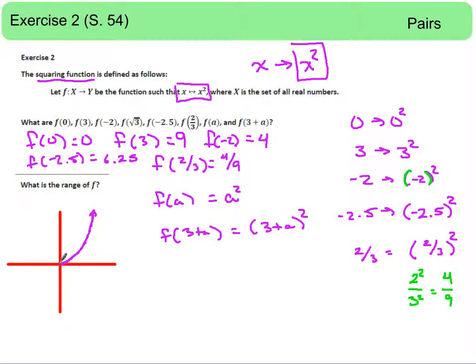X squared, as mentioned in previous lessons, is a parabolic curve, like so.